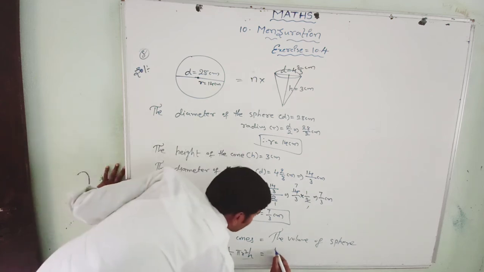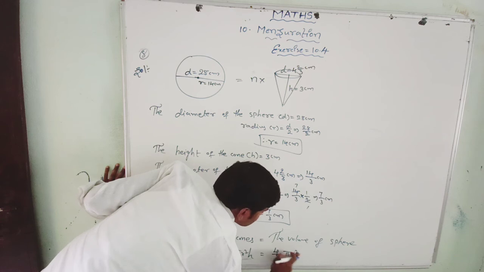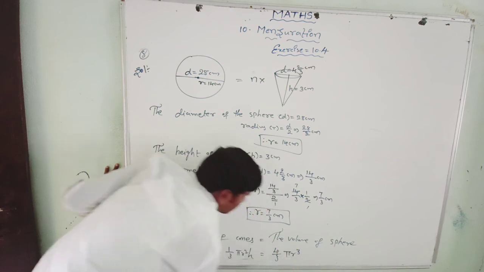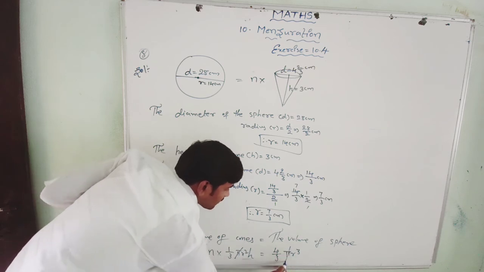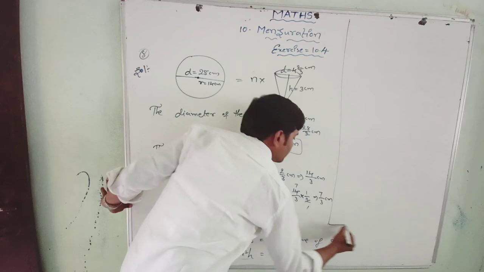The volume of a sphere formula is 4 by 3 pi r cube. On both sides I can cancel the pi now.